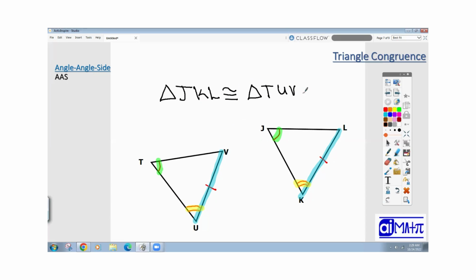And the reason that is, is because of angle, angle, side. And these things come consecutively. This angle, and that side, matches with this angle, and this side.